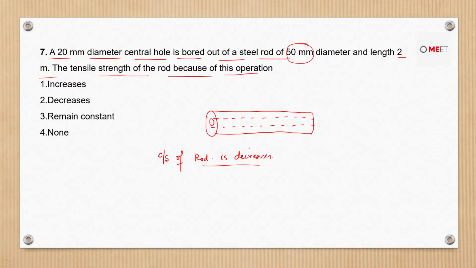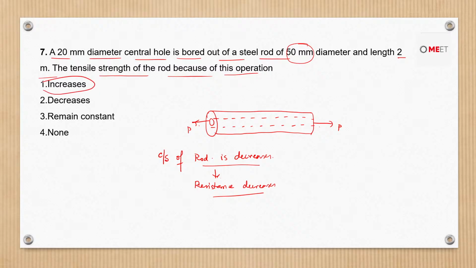If the load is kept constant, not changed before and after the hole is drilled, then the material resistance is going to decrease under the same loading conditions, and it is going to produce more deformation.